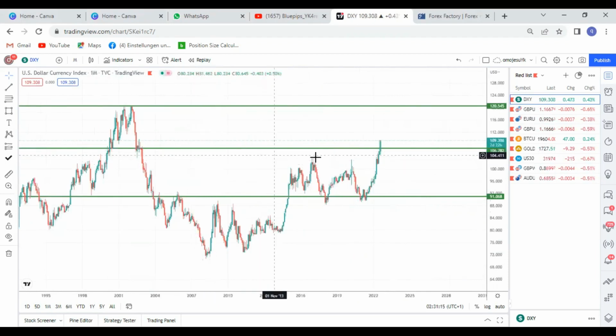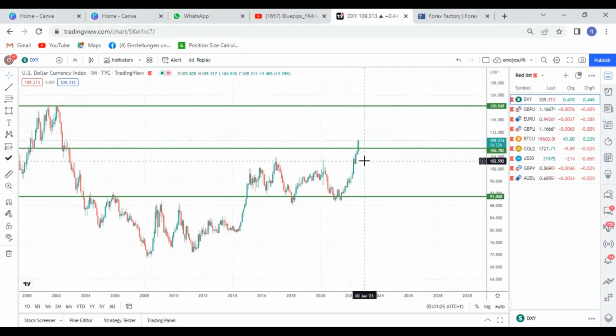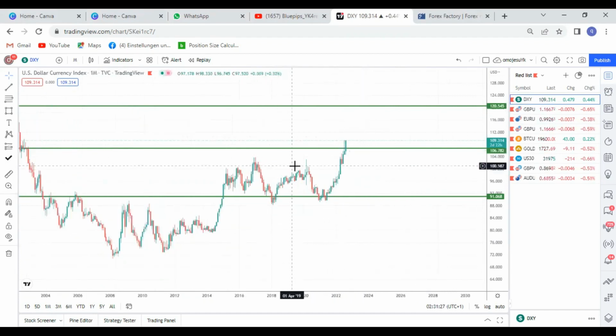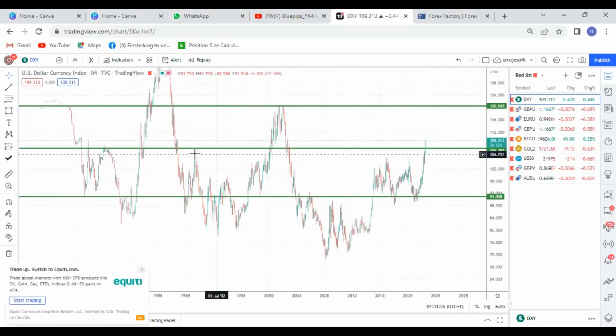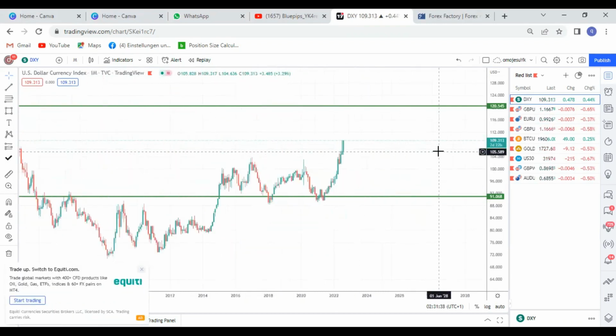this is a resistance. This is another resistance where the market was reacting before. It broke it out. I don't want to have so many lines on my chart, that's why I deleted some. Here was a resistance before where the market had been reacting. Then it eventually broke it, retested, and then broke this one also. This is another strong resistance which the market has broken already.